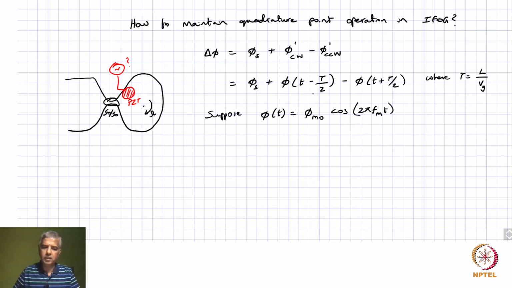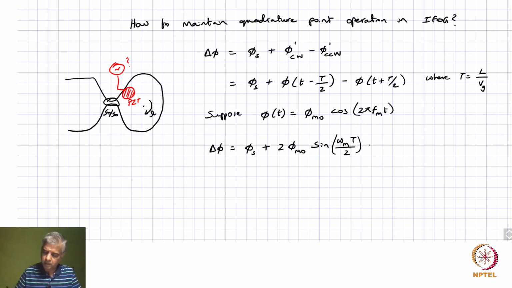So, you can essentially look at delta phi, which will be phi s plus 2 times phi m naught, where a could be sine of omega m t over 2, and b is simply sine of omega m t, right.